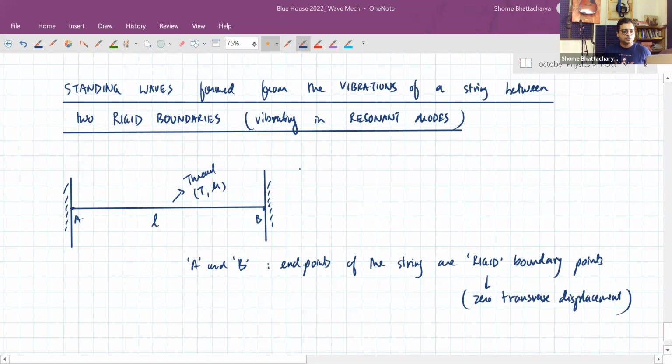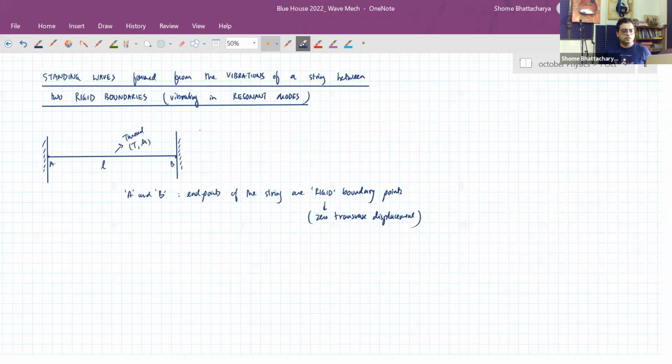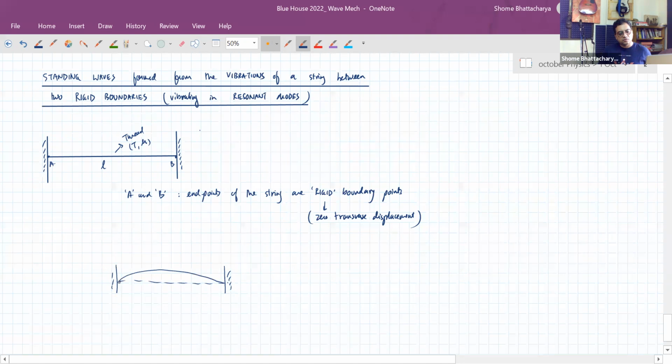Okay. So now, given some vibrational energy, the resonant modes in which this string can vibrate are the following. It can either vibrate like this. So these are resonant modes, or also called natural harmonic modes of vibration for these strings.